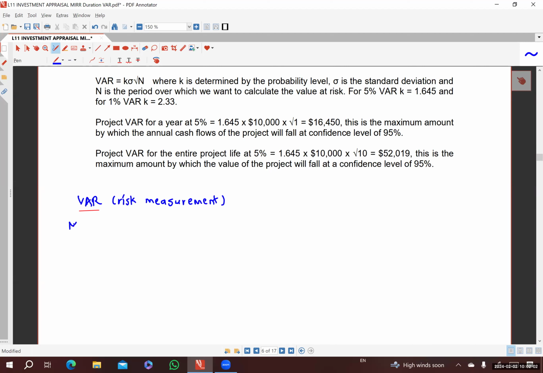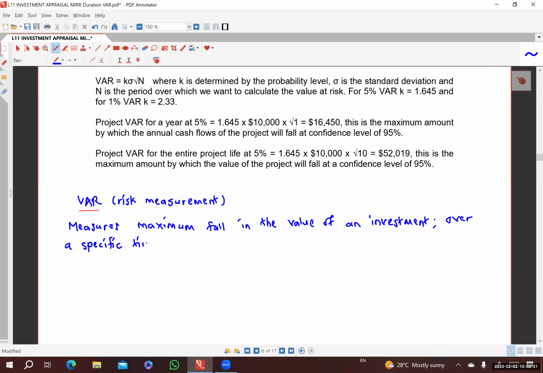It measures the maximum fall in the value of an investment, any investment, over a specific time period at a specific level of probability.